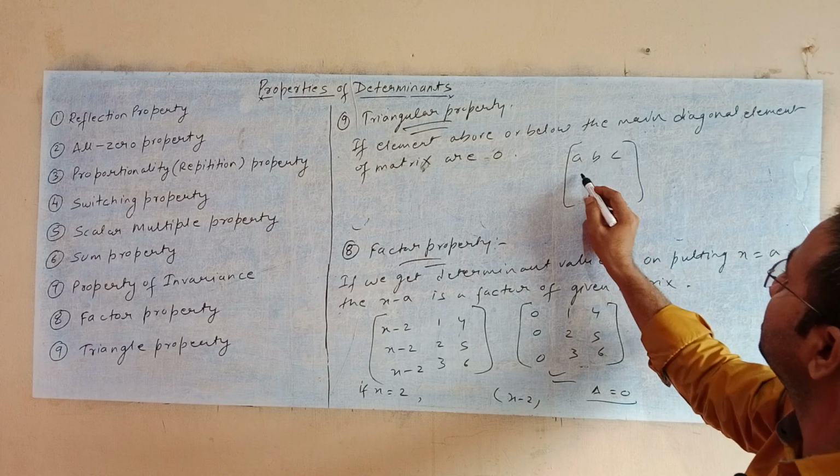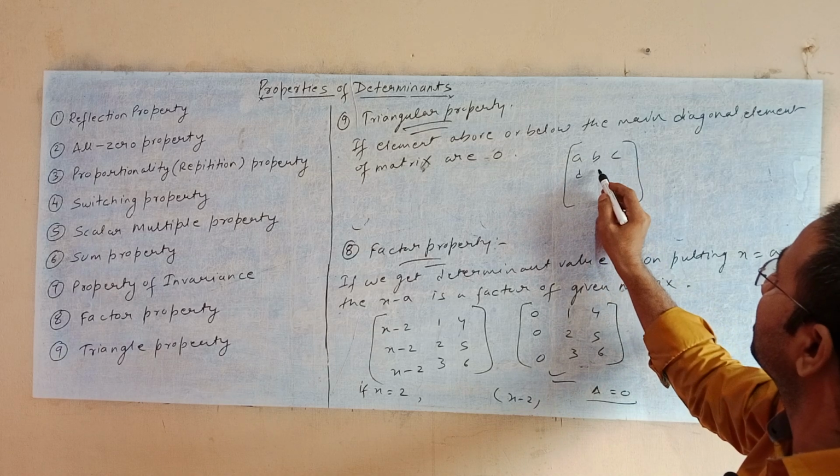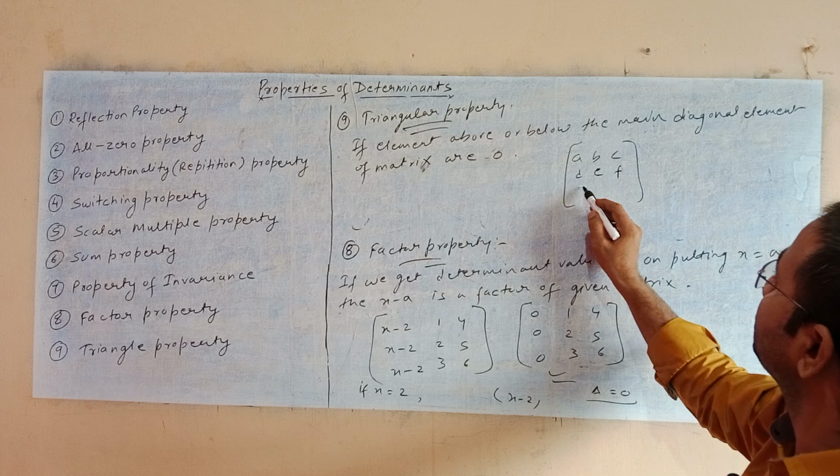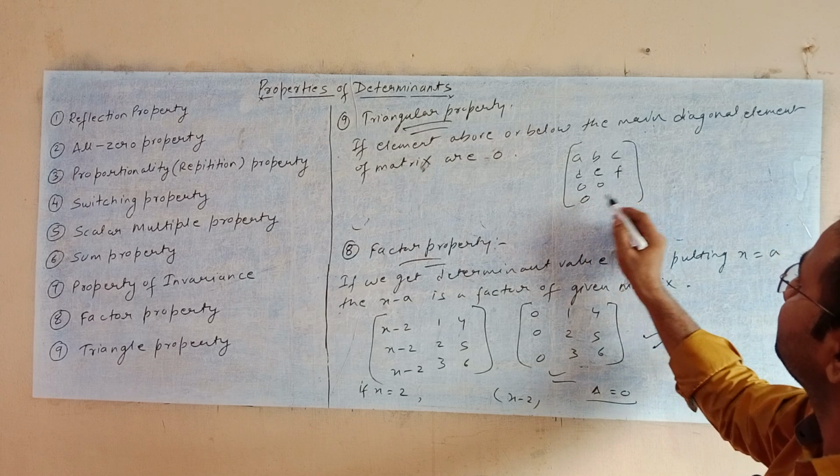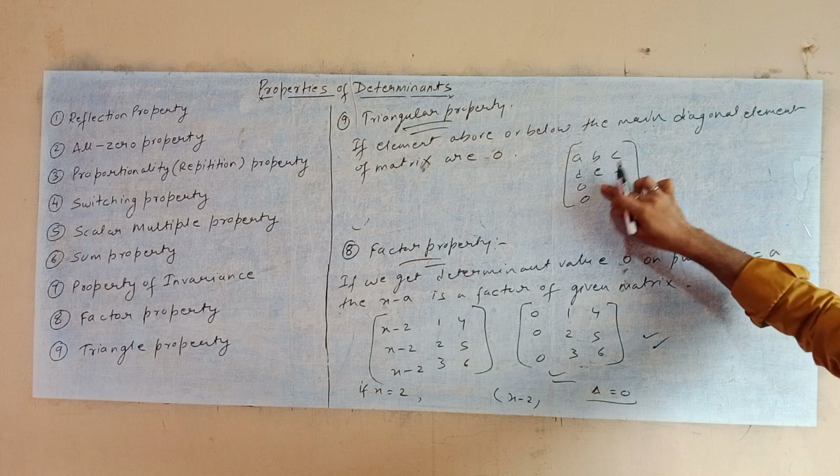Suppose we have A B C, D E F, and 0 0 0 is there. See, this is the main diagonal.